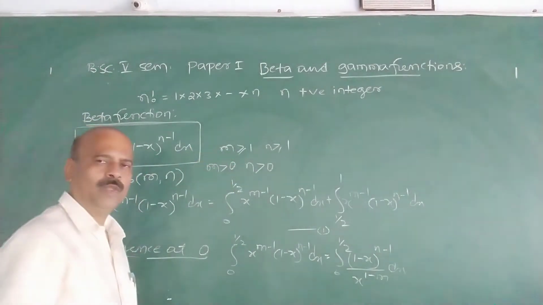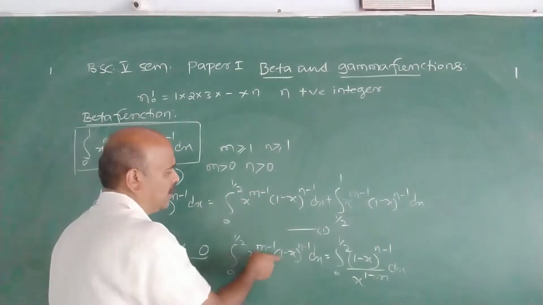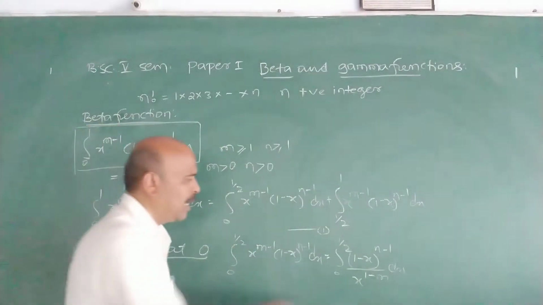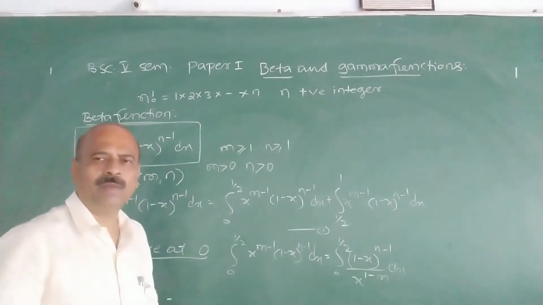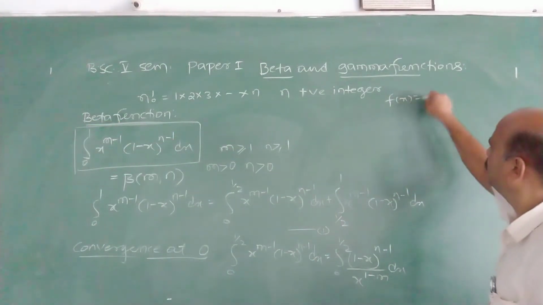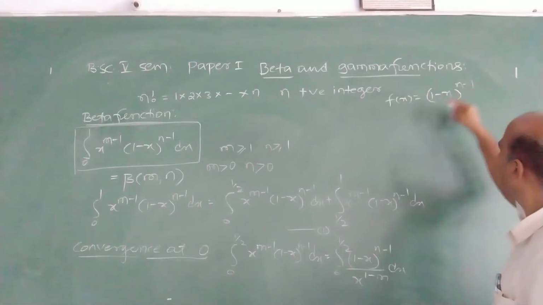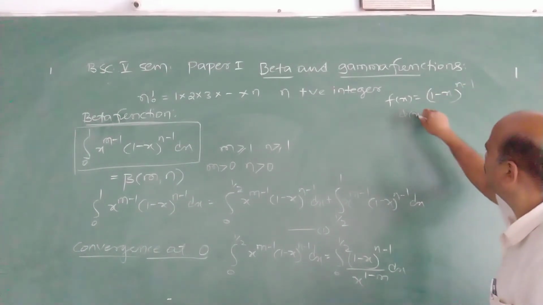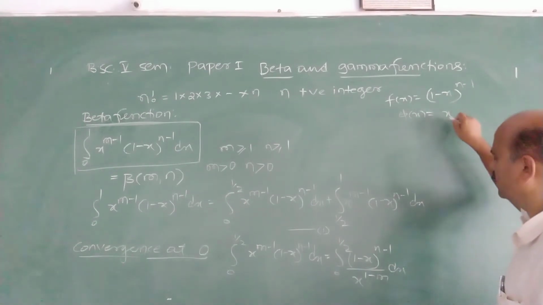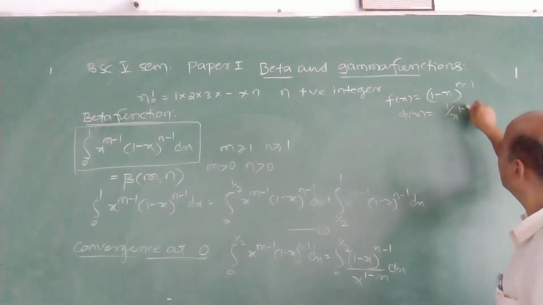So we take m less than 1 here and rewrite this as 1 minus x raised to n minus 1 upon x raised to 1 minus m. Now take f(x) as 1 minus x raised to n minus 1 and phi(x) as 1 upon x raised to 1 minus m.